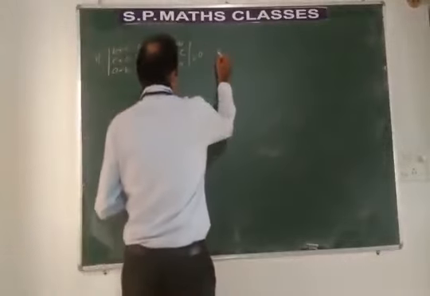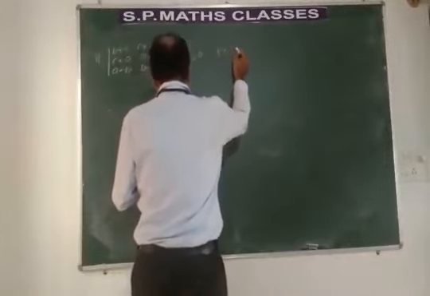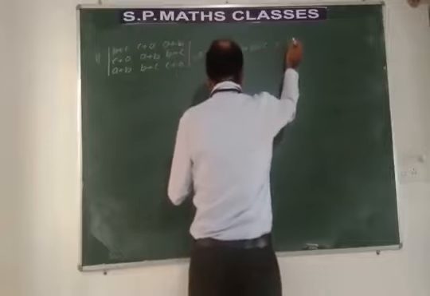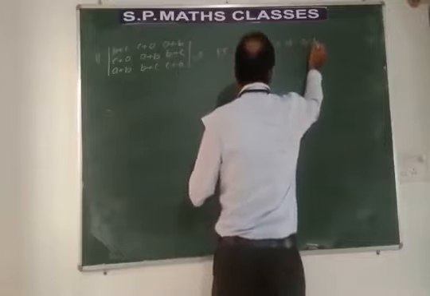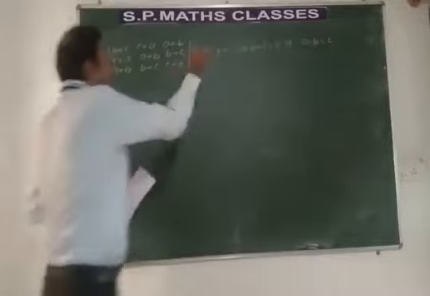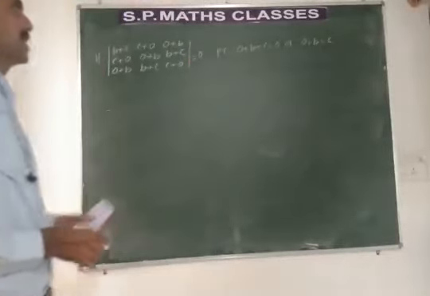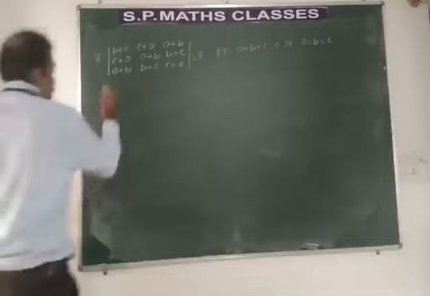Prove that either a plus b plus c is equal to 0 or a is equal to b is equal to c. If this condition holds good, you need to prove that either a plus b plus c is 0 or a is equal to b is equal to c.